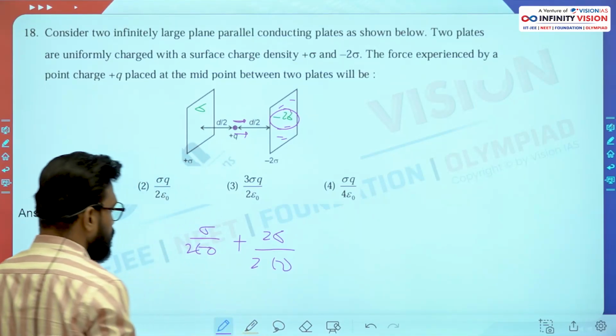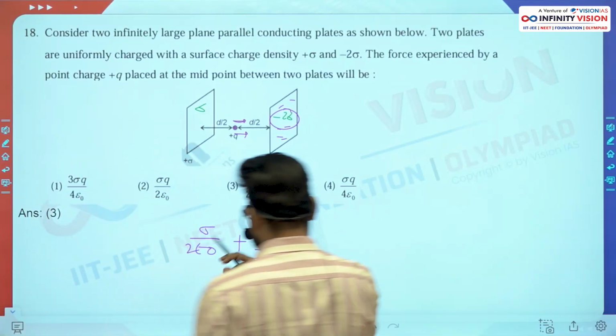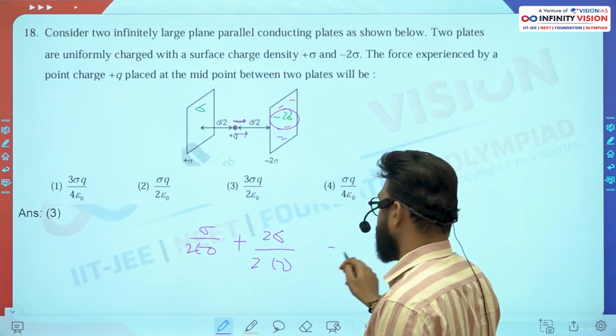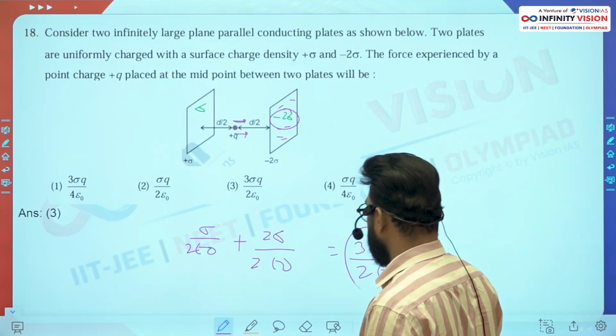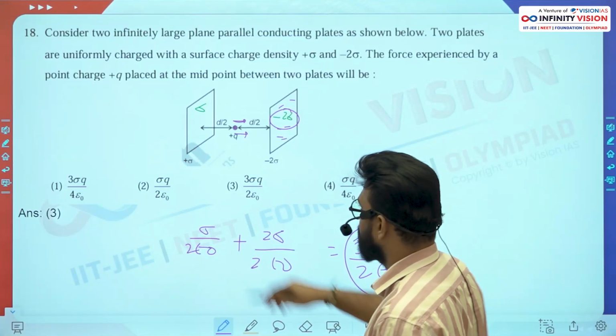So this comes out to be 1 plus 2, which is 3 sigma by 2 epsilon naught. So this is the electric field at this particular point.